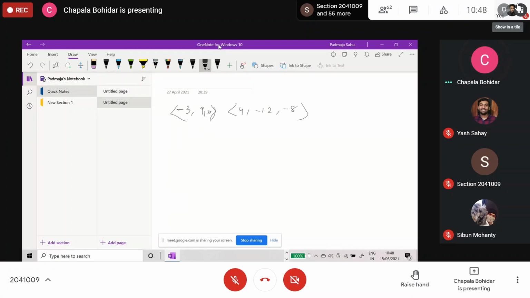Minus 4 by 3. Okay, minus 3, I'm getting the first one. 9 into minus 4 by 3, I'm getting the second one. 6 into minus 4 by 3. Yes, it is parallel.